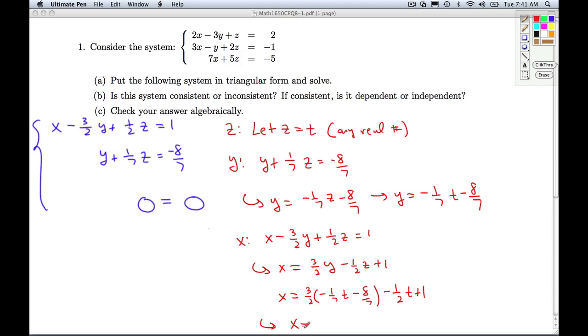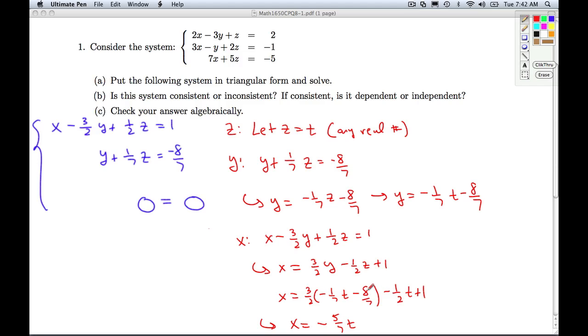And so when I simplify this, what am I going to get? Well, this gives me negative 3/14 t minus 1/2 t. So if I get a common denominator, 1/2 t is 7/14. So I have negative 3/14 minus 7/14 is negative 10/14, which is negative 5/7 t.